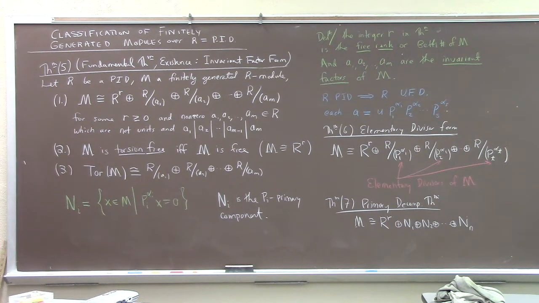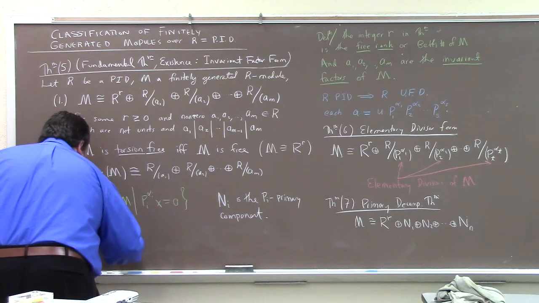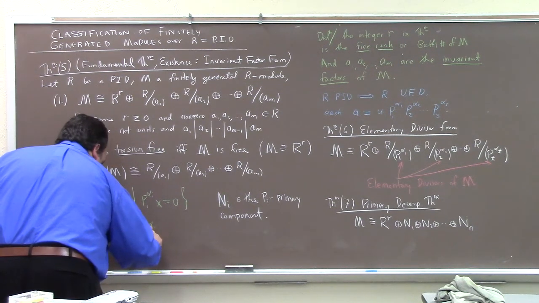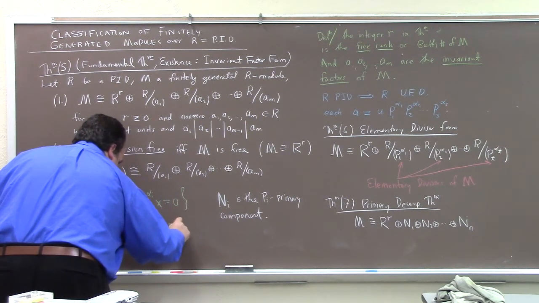I should mention M has non-zero annihilator. The torsion has non-zero annihilator A. So here A equals p_1 to the alpha_1, through p_i to the alpha_i, and so forth, p_n to the alpha_n.